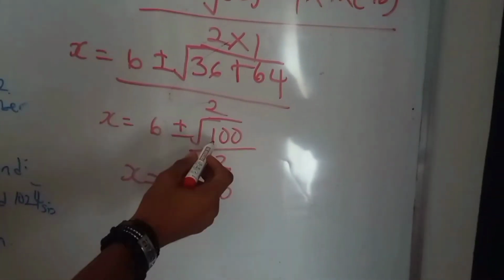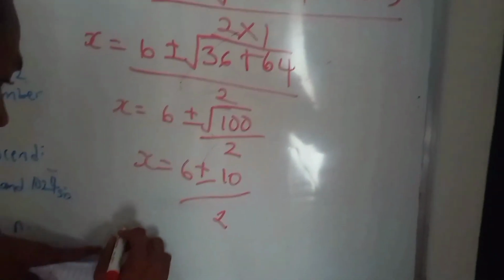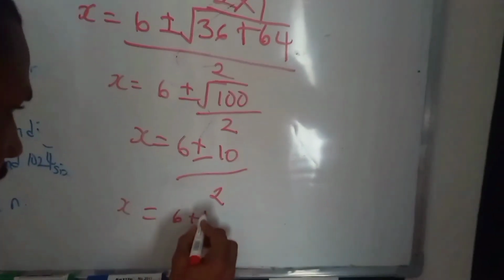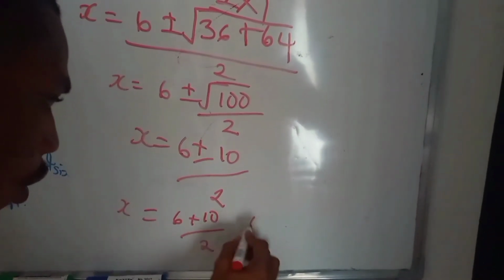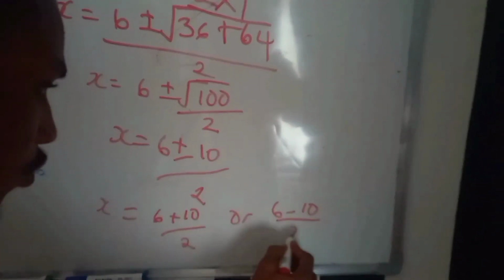The square root of 100 is 10, over 2, which means that x equals 6 plus 10 over 2, or 6 minus 10 over 2.